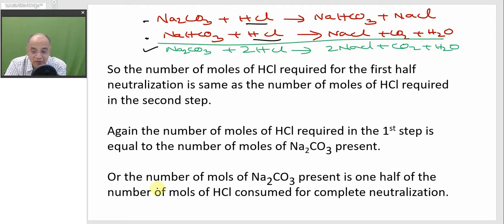So the number of moles of sodium carbonate present is 1/2 of the number of moles of HCl consumed for complete neutralization. Supposing for the first step X moles, for the second step, I told you, the same X moles. So 2X moles of HCl is consumed for the complete neutralization.